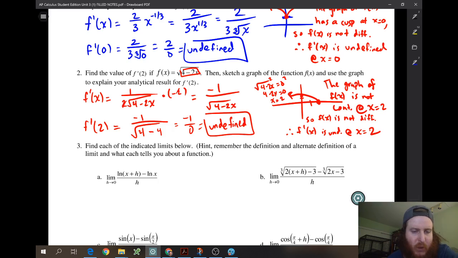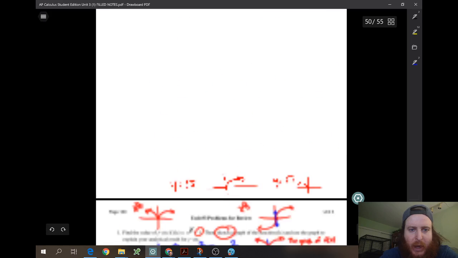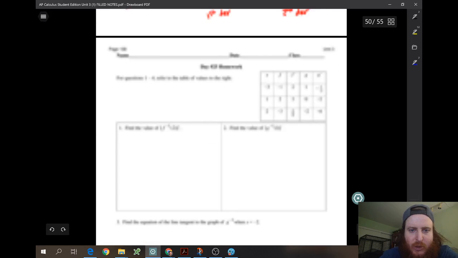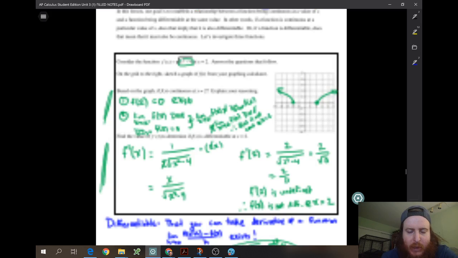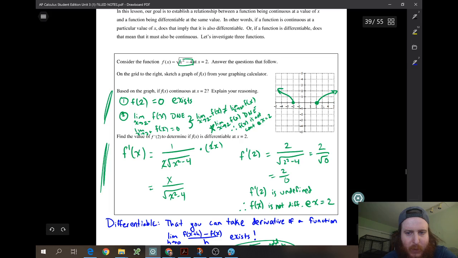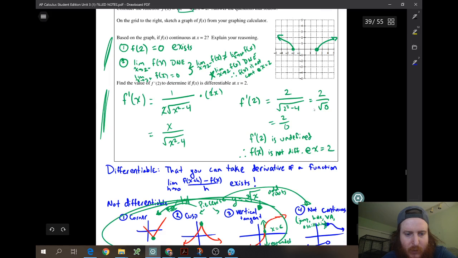So, if you're a little confused on these first two, what I highly recommend is jumping back up to your notes on differentiability, where we had these 3 graphs, right? Looking at these 3 graphs, a square root one is normally going to be because it was just not continuous.